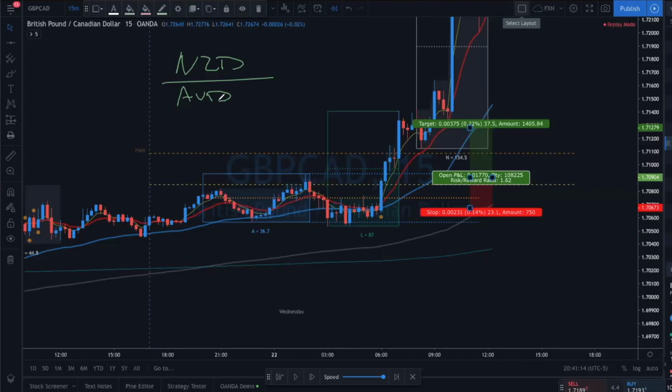Once you get rid of those two, then you're talking about the CAD, then JPY. Swiss is about the same as JPY. And then USD is always the lowest.